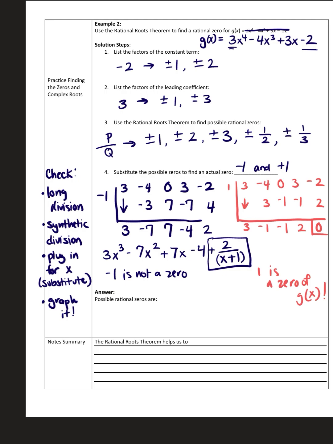All right, so that's basically the gist of the rational roots theorem. You have to identify the factors of the constant term. You then identify the factors of the leading coefficient. You use the rational roots theorem to find possible zeros by listing your p over q's.